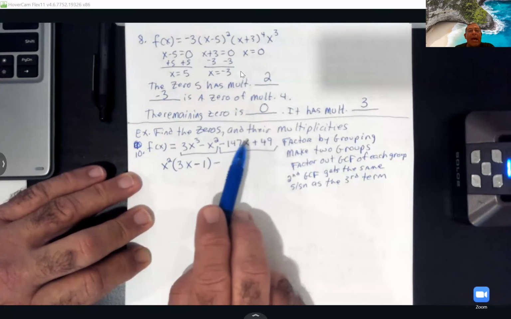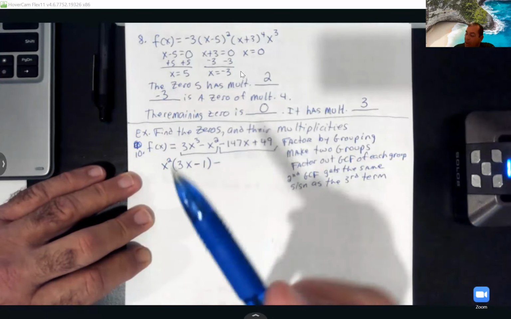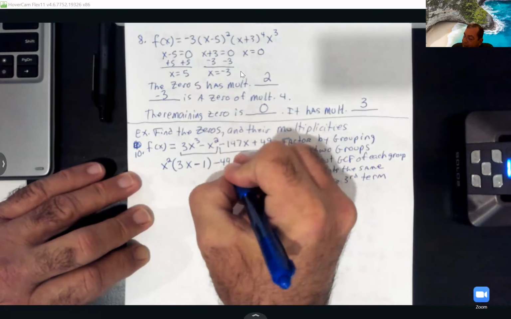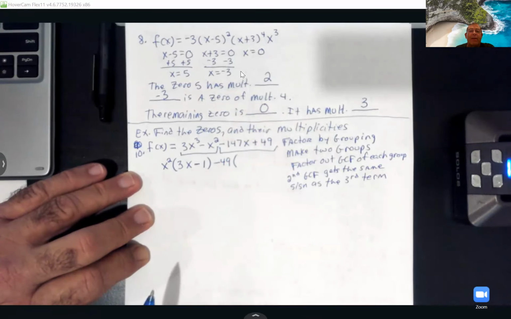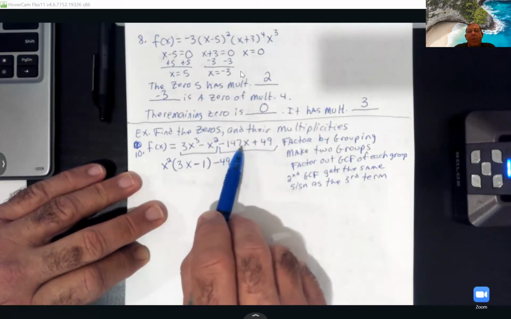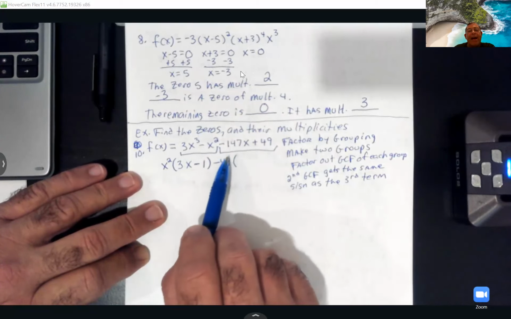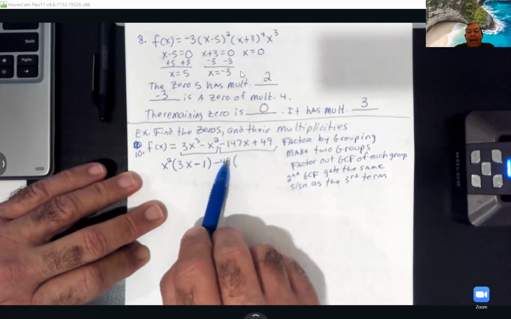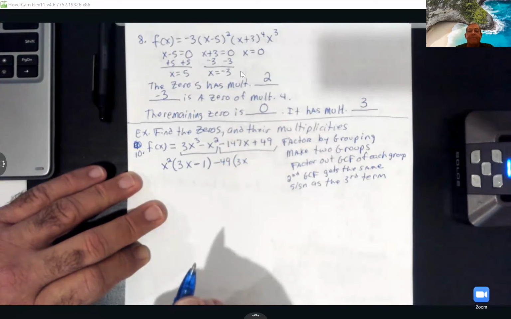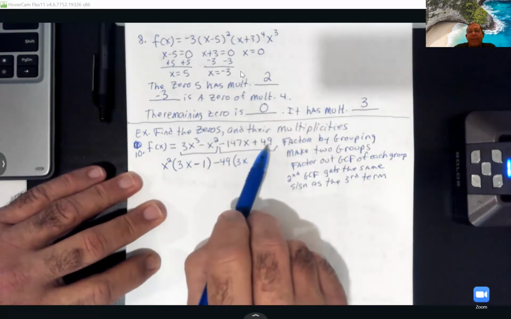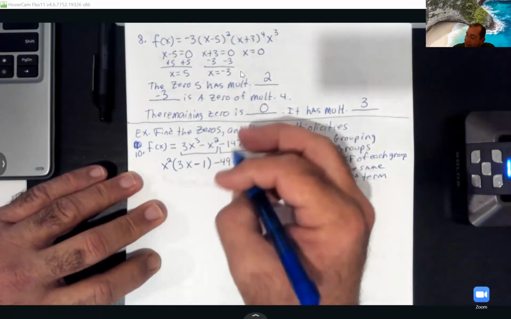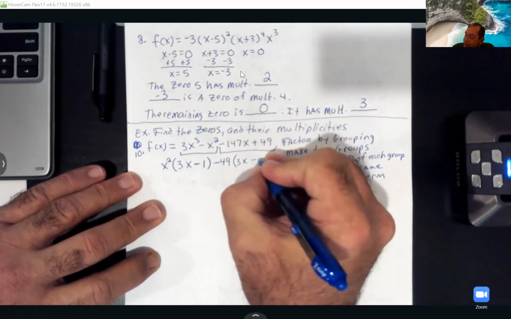So since 49 goes into both of these numbers, we're going to factor out that 49 as our second greatest common factor. So if you take this negative 147x and divide by that negative 49, you're going to end up with a 3x. And if you take this 49, divide by that negative 49, you're going to end up with a minus 1.